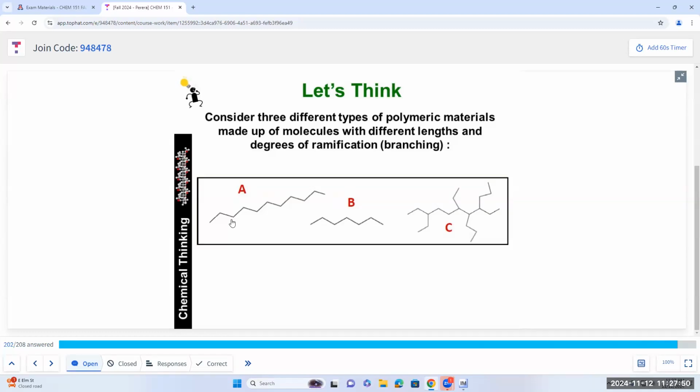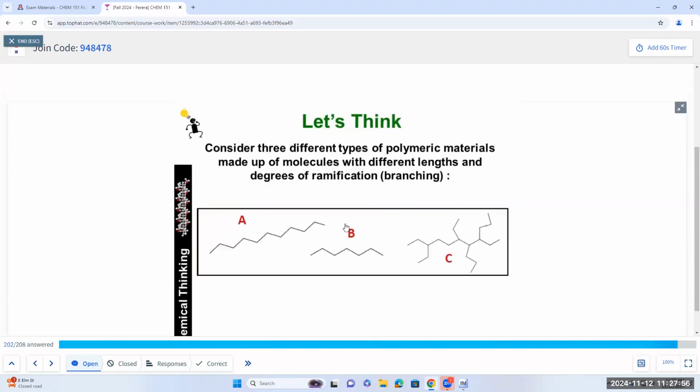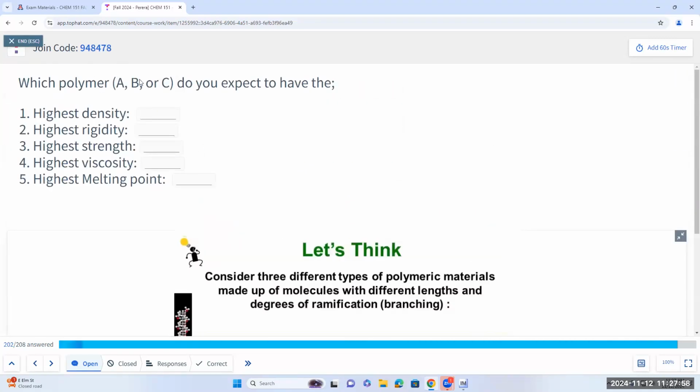Also, shorter chains have weaker intermolecular forces compared to longer chains. And the stronger the intermolecular forces, the higher the boiling point, melting point, viscosity, density. When it comes to polymers, strong intermolecular forces mean higher density, higher rigidity, higher strength, higher viscosity, higher melting point, and so forth. It's the same trend.